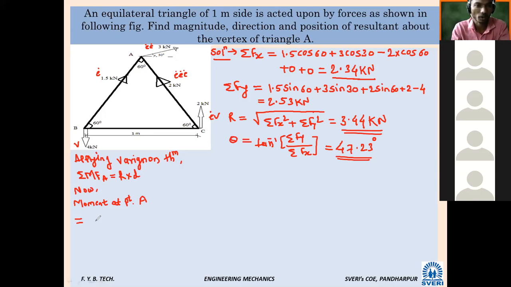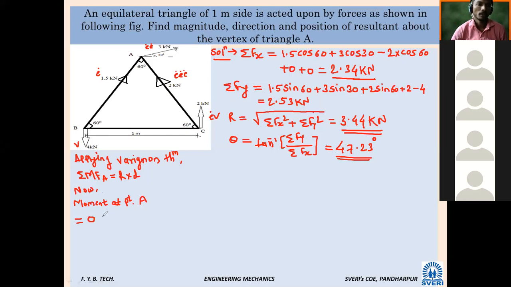If it is vertical or horizontal, no issue, directly you can consider that force individually. If it is inclined, the effect due to its x component and y component you have to consider. Now what will be the moment due to 1.5 kilonewton force at point A? 0. It will be 0 because it is passing through point A.